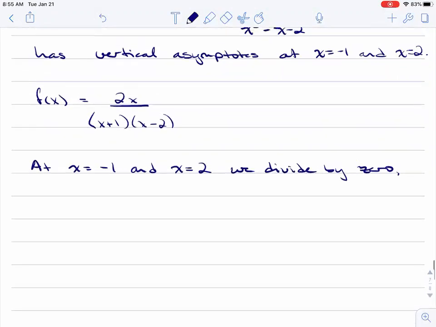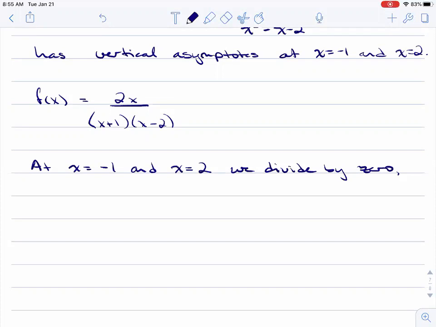But the key thing is that the numerator wouldn't be 0 at x equals -1. Right? The numerator would be -2, and at 2 it would be 4, right? And so we're dealing with these numbers, and we want to think of them as being 1 over some really small number, right? Which results in a big number, right?